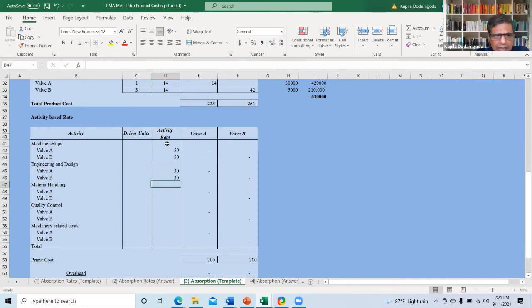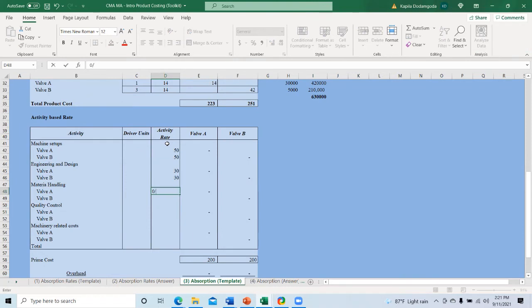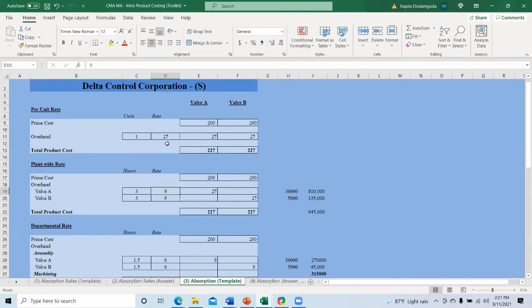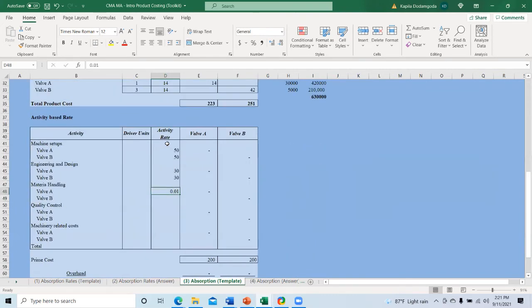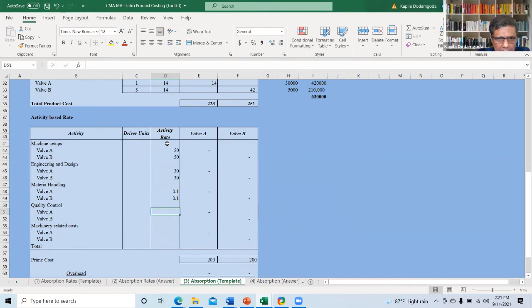Material handling cost 0.1. Quality control cost 40. Machine related cost 15. So this is the information that we have.